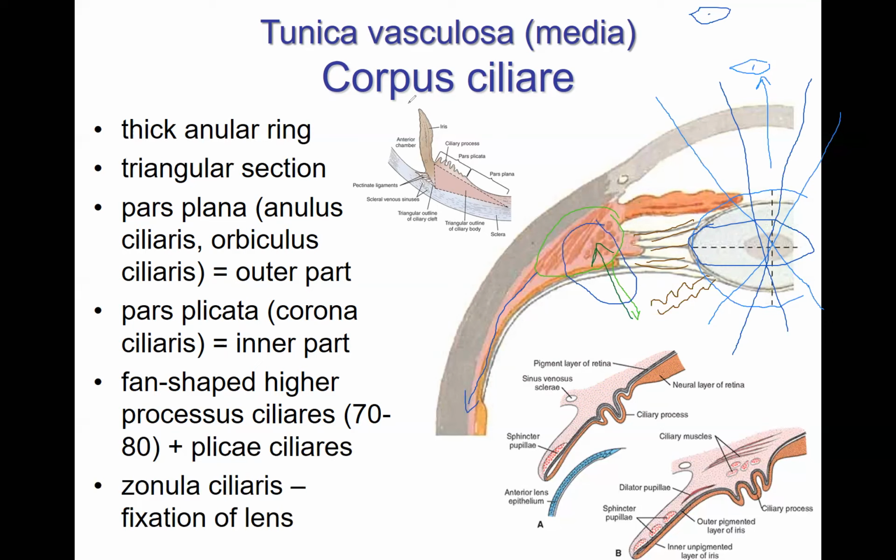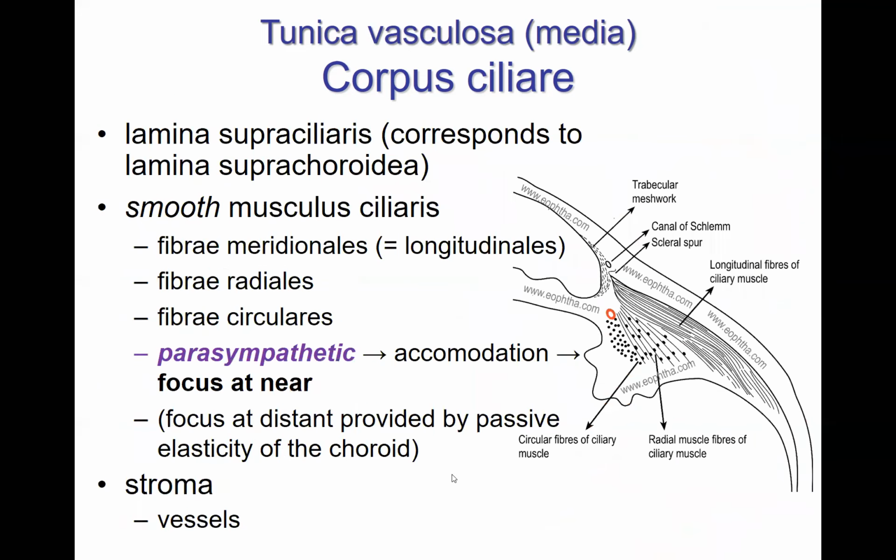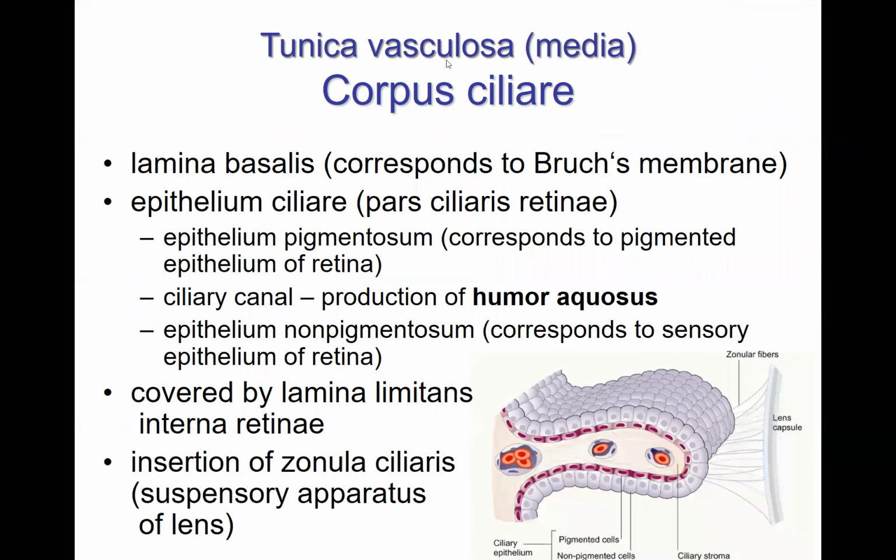It's a circle which contracts, so it gets like this, and it moves dorsally a bit, dorsally and medially. Okay, I hope you understand this, and we can move to further detailed structure of the ciliary body.